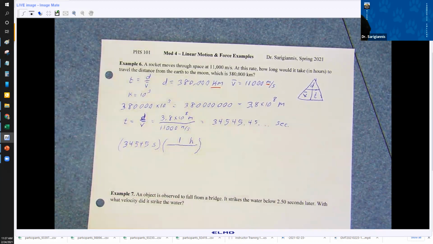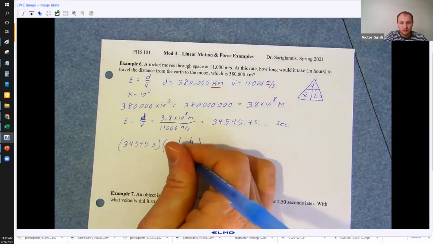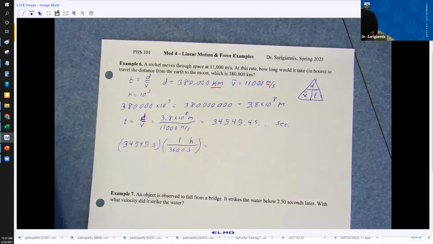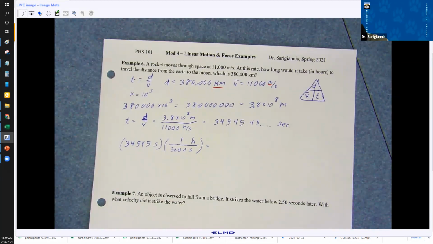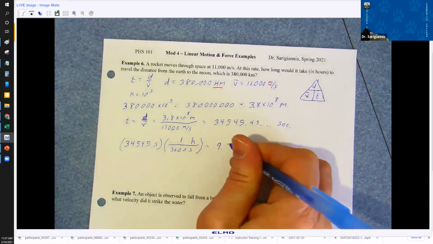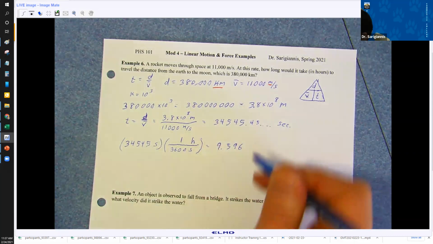You guys know? 3,600. Right. All right, so I'm going to divide by 3,600. 34,545 divided by 3,600. Here I've got 9.59, I'll round it to 6, right? This is hours.